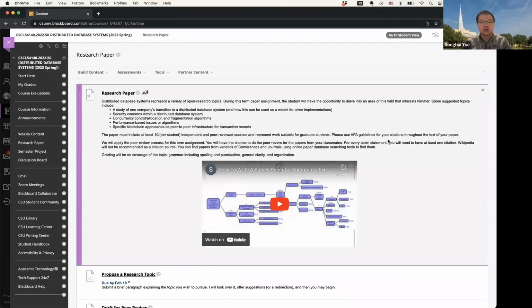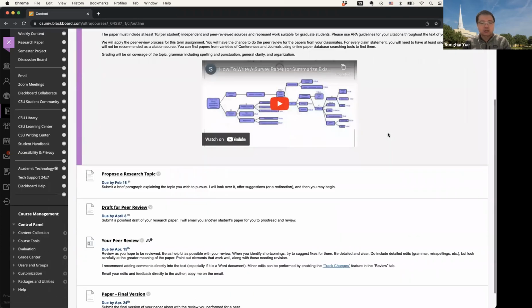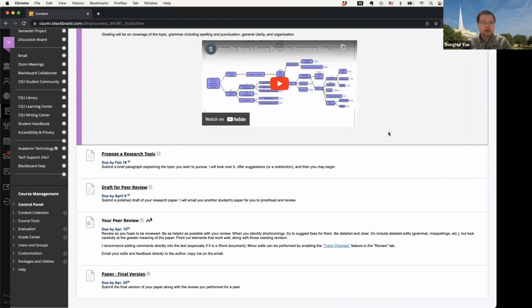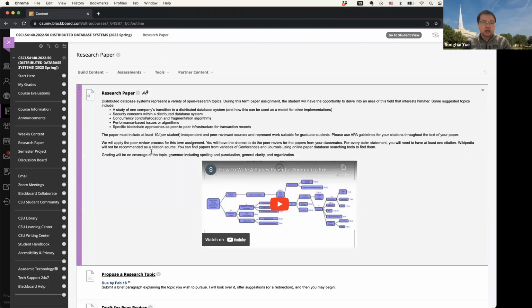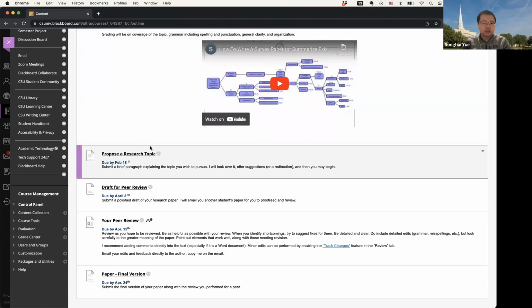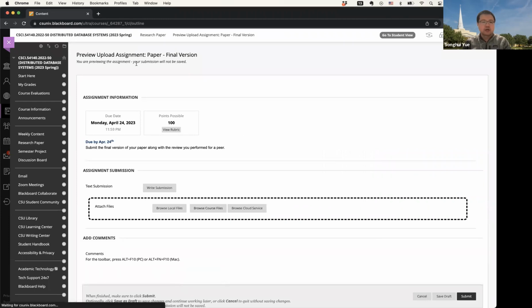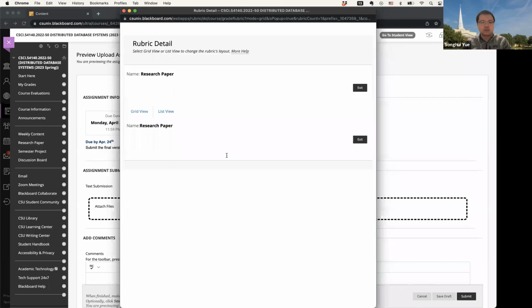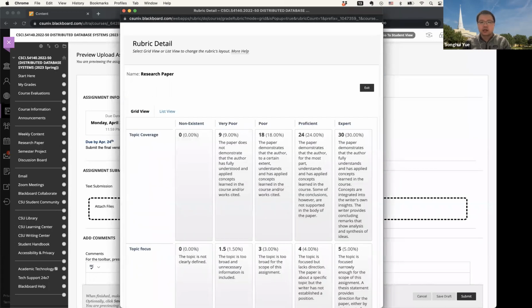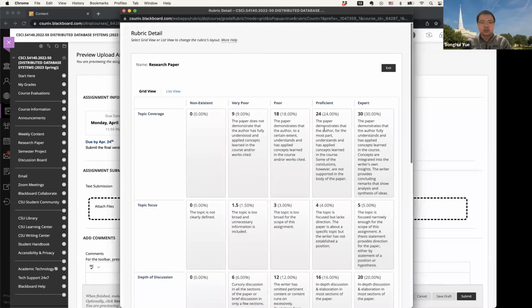In case you have not checked it yet, or did not pay attention to that, there should be a link for the assignment, probably this one. If you click the final version for the paper, you can find the rubric link here and see the details of the rubrics.